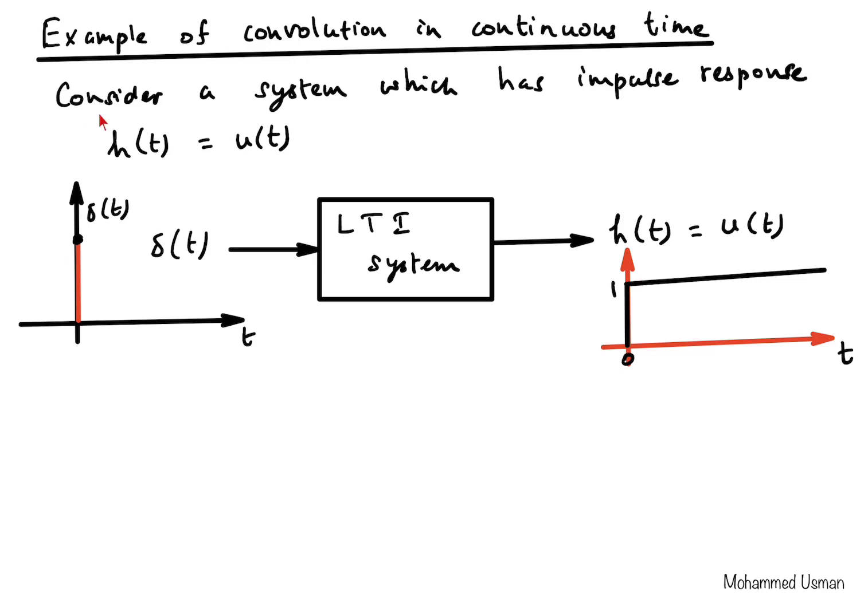And given that we know the impulse response of the system, we want to find the output of the system to some input x of t.